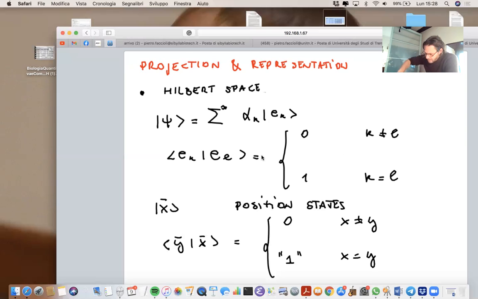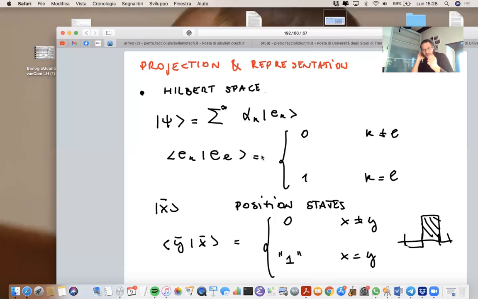So in other words, what I'm trying to say is that when I have everything discrete, my steps are like from 1 to 2, 2 to 3, and then of course you get a function that is 1 only when the two indices are the same, and 0 otherwise. But when you go to the continuum, these two points can get closer and closer and closer. x and y can be closer and closer and closer.